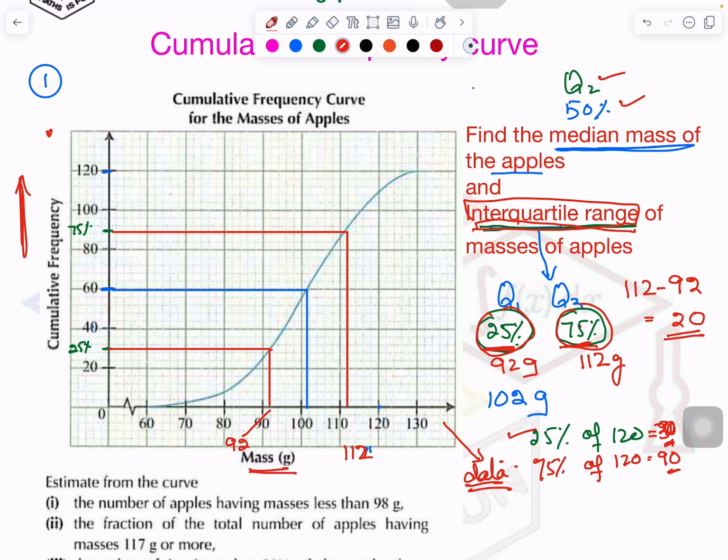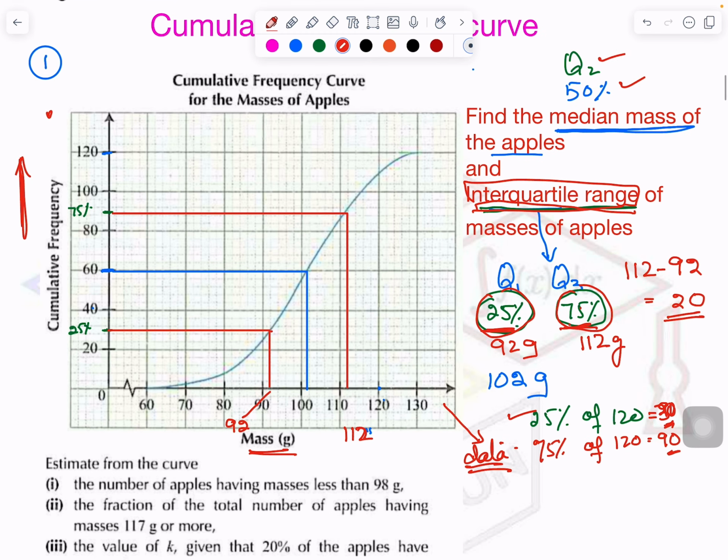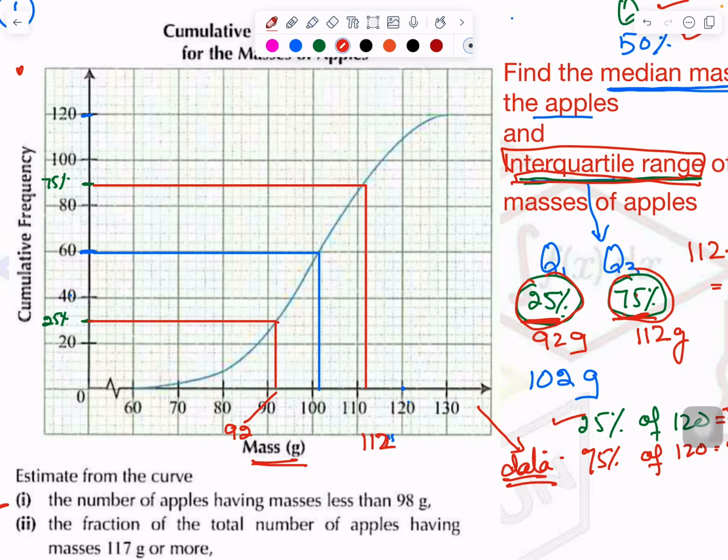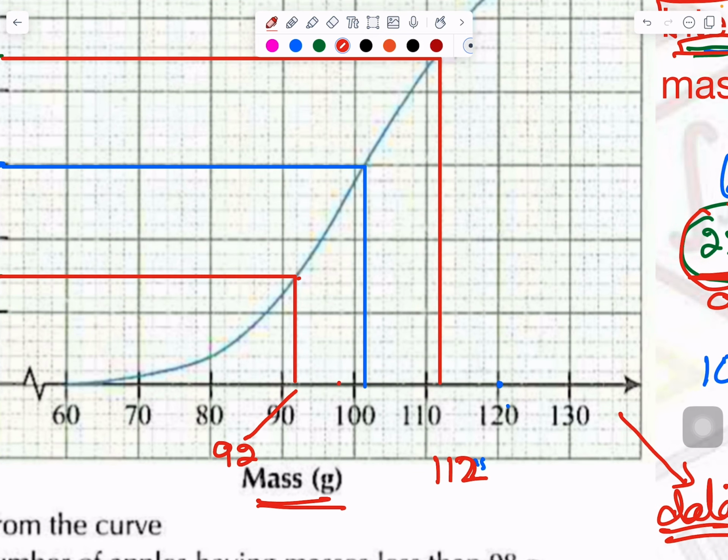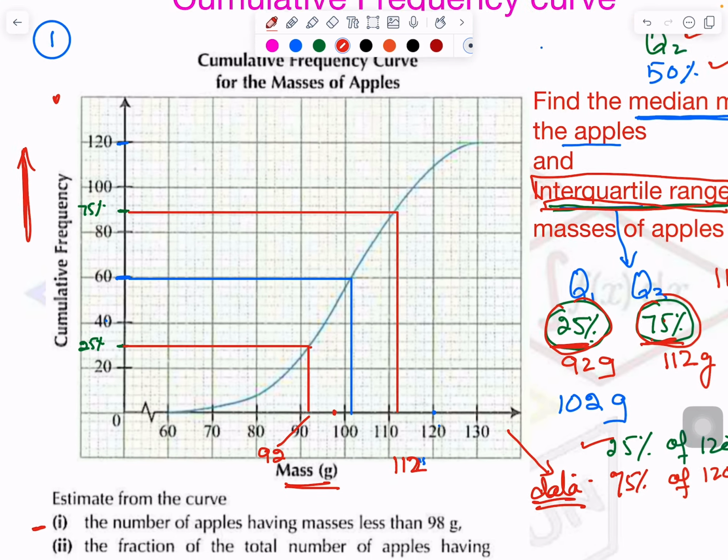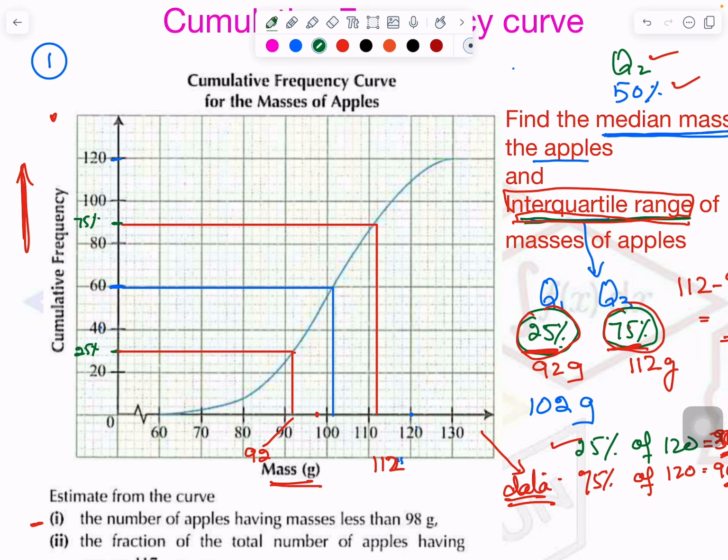Now let's see how to find out, for example, the answer of this part. The number of apples having mass less than 98. Now where is 98? 98 will be somewhere here, right? So exactly the way I have told you, at 98 gram I will go up.